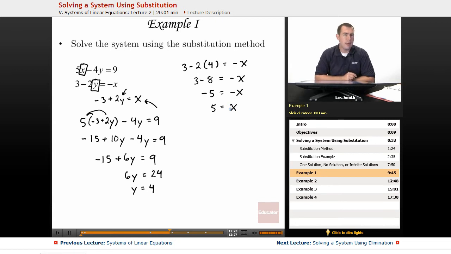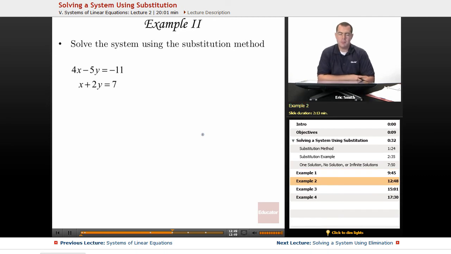So now I have both halves of my solution. X is equal to 5. Y is equal to 4. So my solution is 5, 4. Now, again, if you want to really make sure that that is the solution, feel free to plug it back into both equations and check it, make sure it works out.